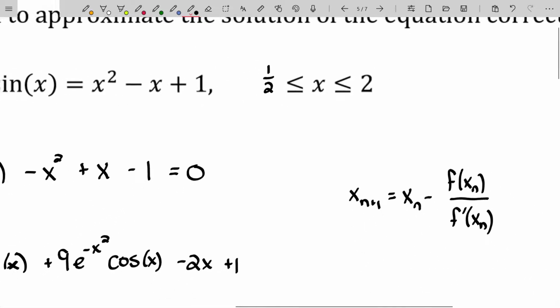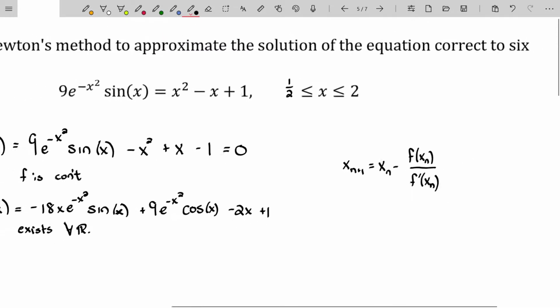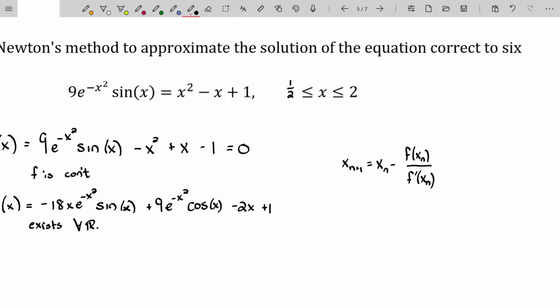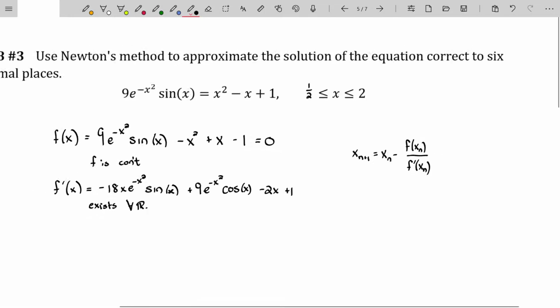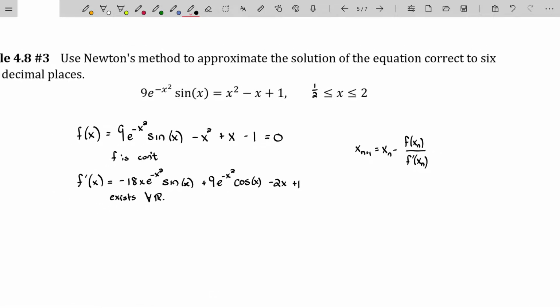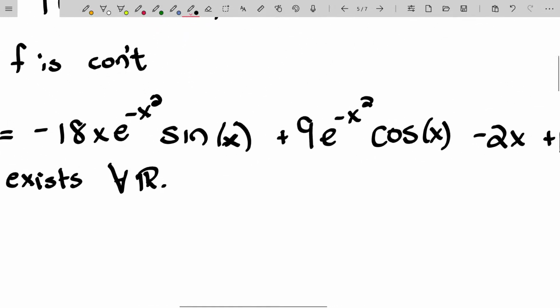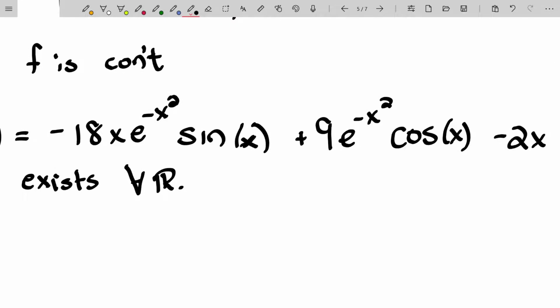If you're going to grab an edge point, you'll want to check the derivative at that edge point. Because if your first guess is at a point where the derivative is near 0, you've got problems. So probably of those 2 points, the 2 is the easier one to plug into your derivative. Although, to be honest with you, sine of 2 is not something that I'm willing to take a guess as to its value.